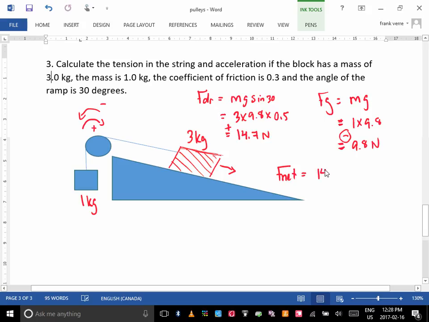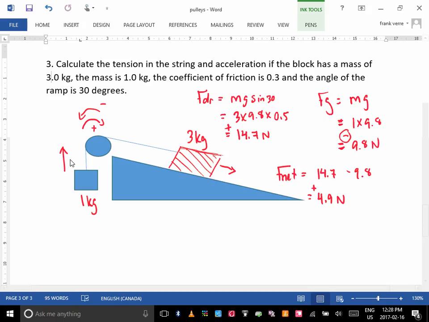So it's going to be 14.7 minus 9.8. What is that? 4.9. And it's positive, which means the pulley rotates clockwise, which means the object will slide down the ramp, which means this mass will move up. Correct?